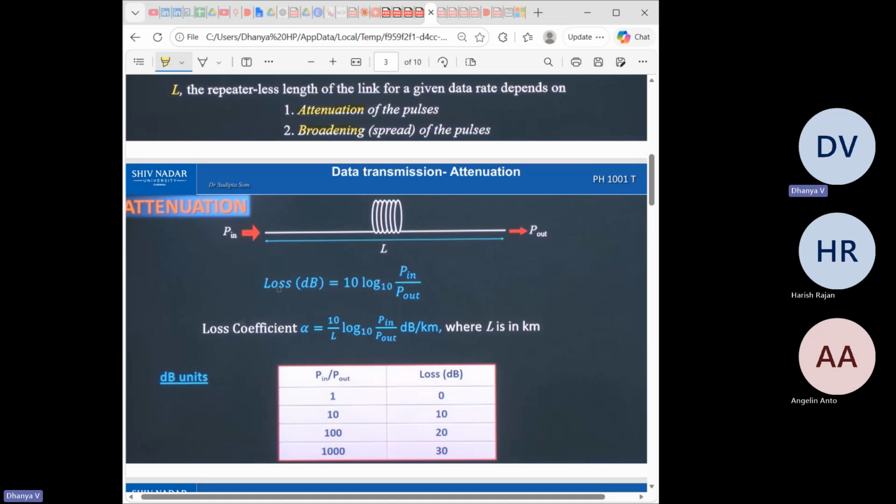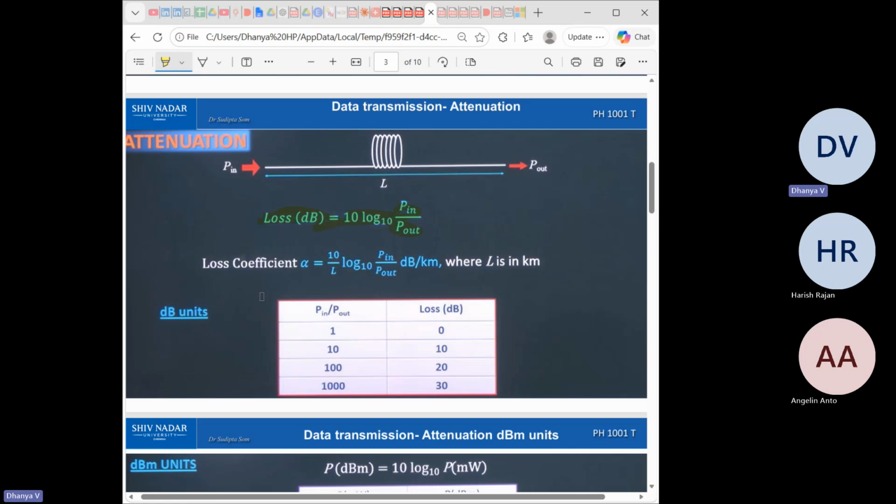Again, coming back to the first chapter, the loss in dB is 10 log P in by P out. This is something that you can remember so that based on the values, you can find the loss in decibels.